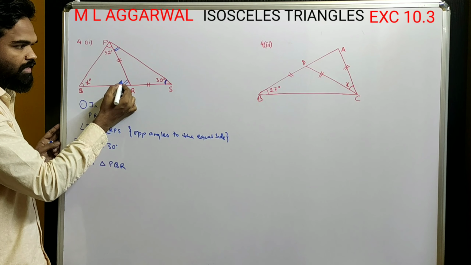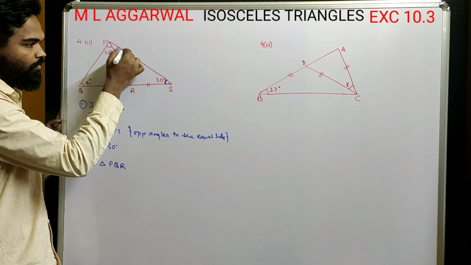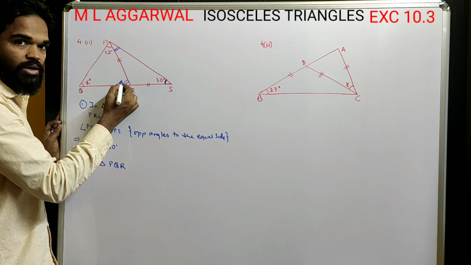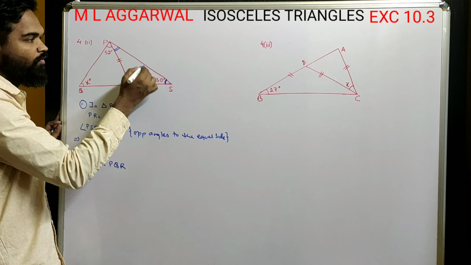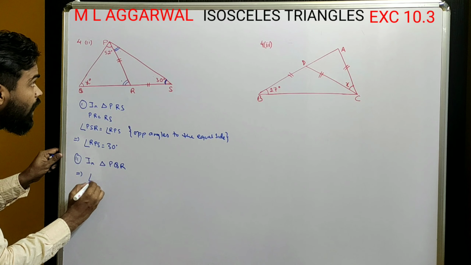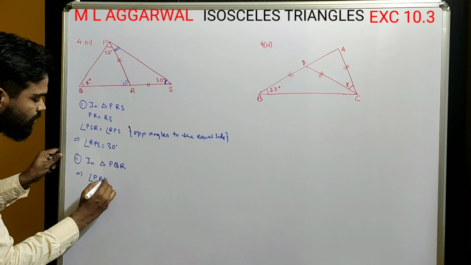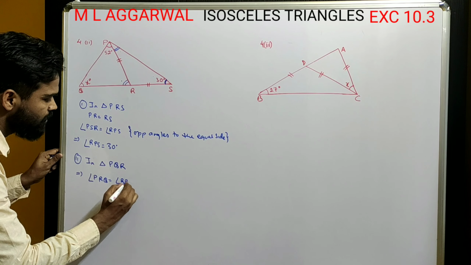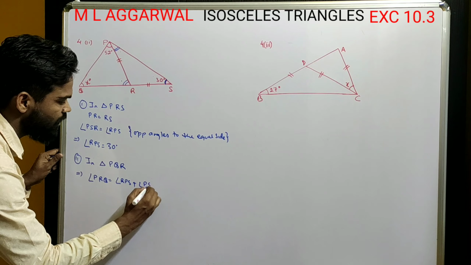This angle is the exterior angle for this triangle, which means this angle will be equal to the sum of opposite interior angles, which means can I write angle PRQ is equal to angle RPS plus angle PSR.